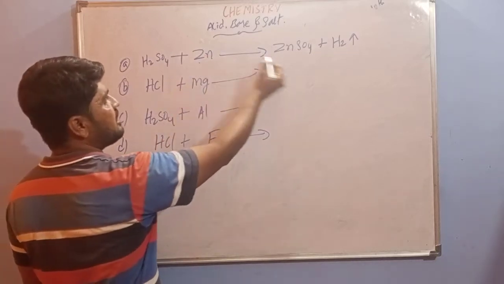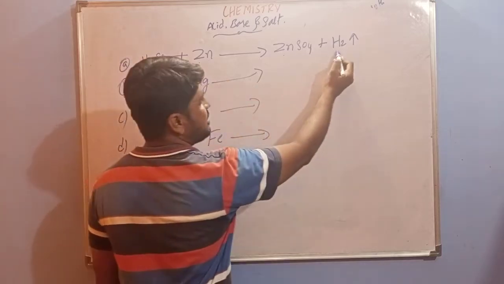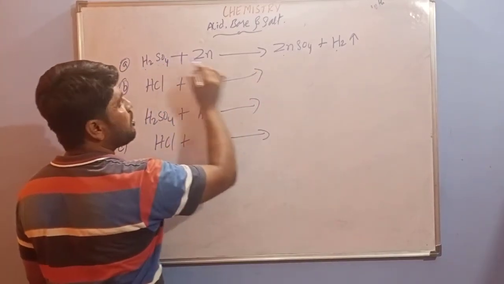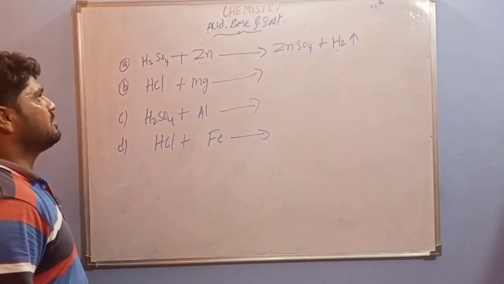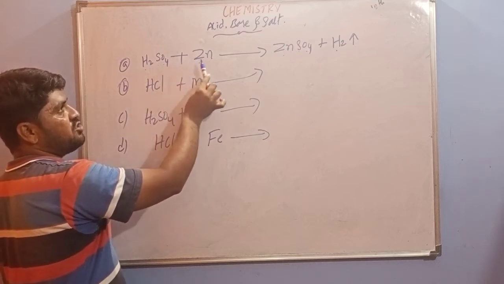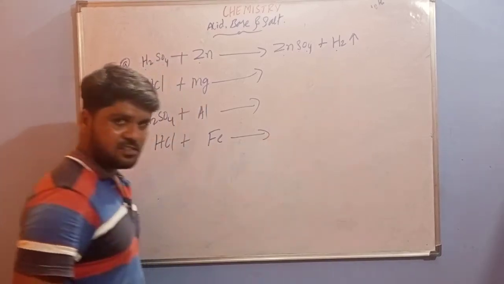Here one Zn is there, here also Zn. 2H here, also 2H. S, O4 here, also O4. The first reaction is balanced. So when sulfuric acid reacts with zinc granules, it produces zinc sulfate and hydrogen gas.